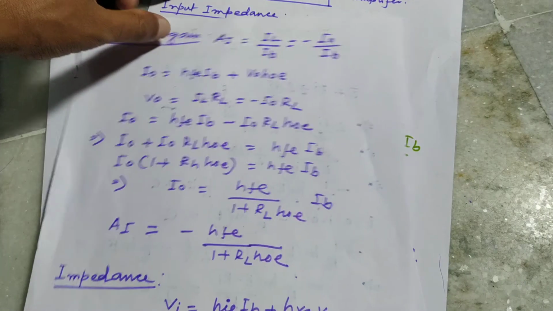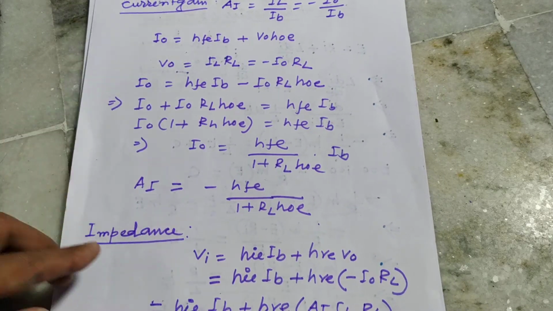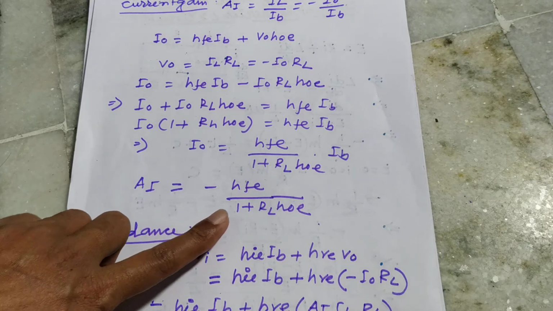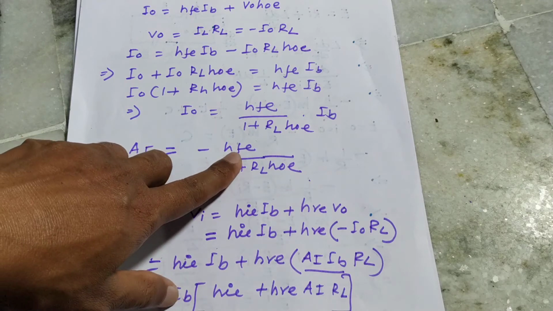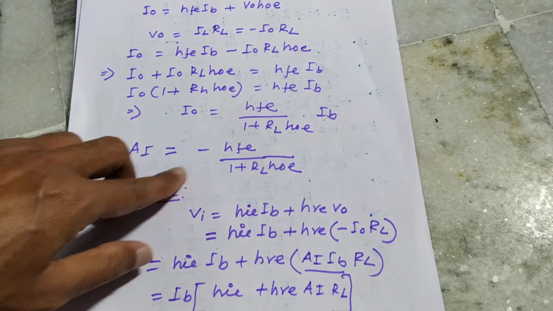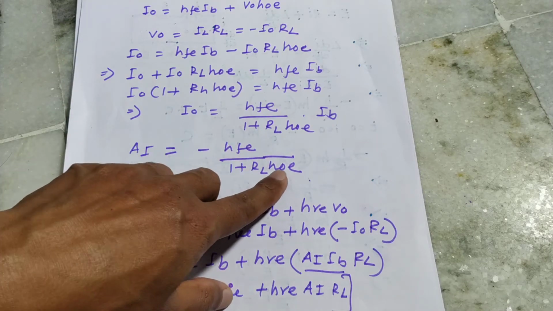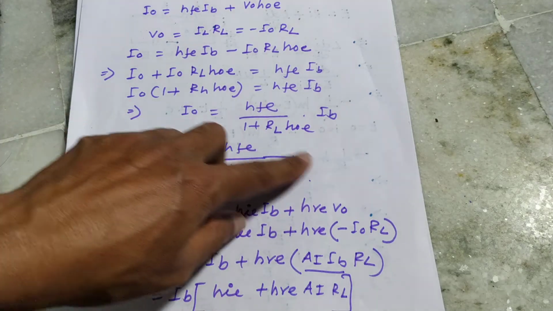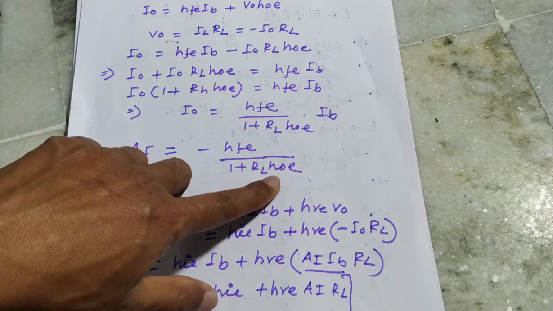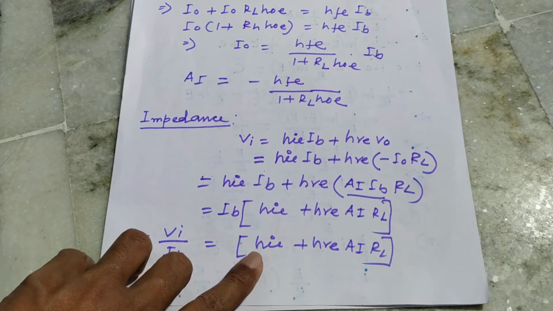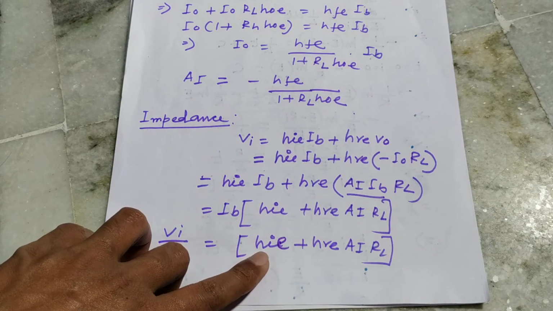If we calculate the performance quantity for the CC amplifier, the expression will be the same, only we have to change the parameter. So it will be HFC, HOC for CC mode, and for CB mode it will be HFB, HOB.